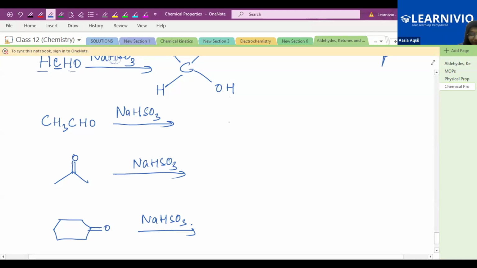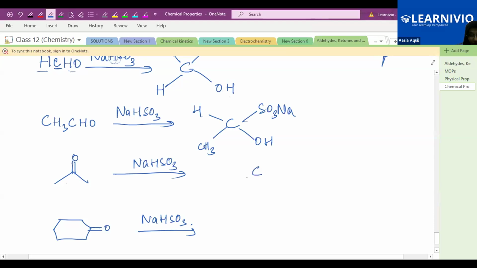Okay, tell me the first one. CH3CHO. Tell me all four groups which should be attached to this carbon. CH3, H, OH, and SO3Na. Yes. And what about this one?